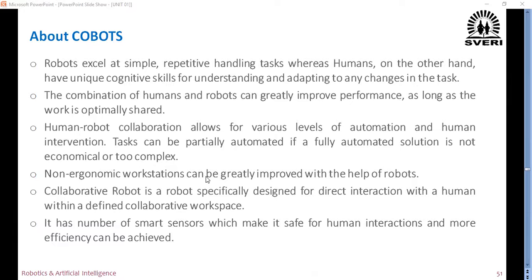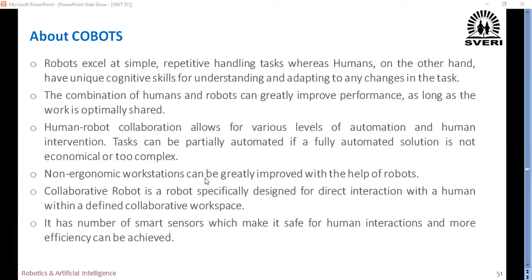The combination of humans and robots can greatly improve performance as long as the work is optimally shared. Human-robot collaboration allows for various levels of automation and human intervention. Tasks can be partially automated if a fully automated solution is not economical or too complex. Non-ergonomic workstations can be greatly improved with the help of robots.